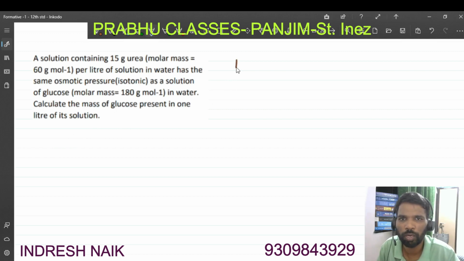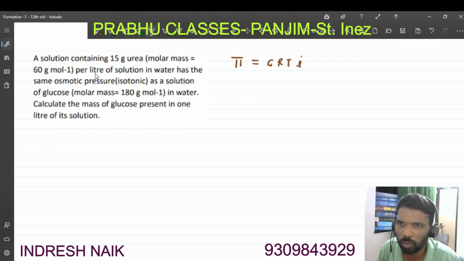Let's start with this. Osmotic pressure is given as pi equal to CRT into i, where i is the Van 't Hoff factor. If it is a non-electrolyte solution, then the Van 't Hoff factor will become 1. Urea and glucose are both non-electrolytes.